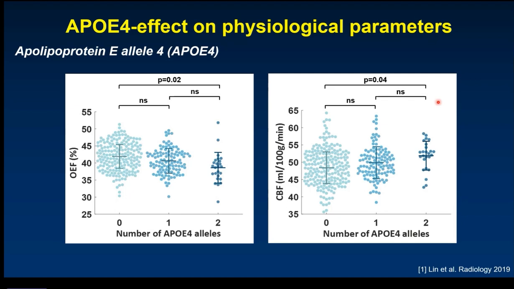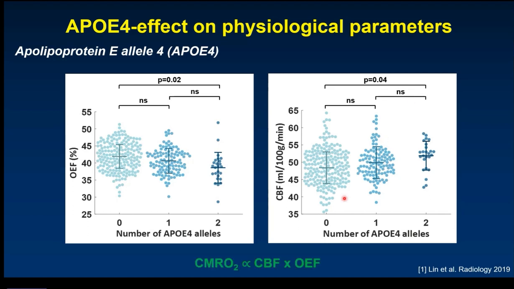So these results tell us that the brain physiological alteration is more pronounced in the homozygous, which is the 2 ApoE4 alleles.